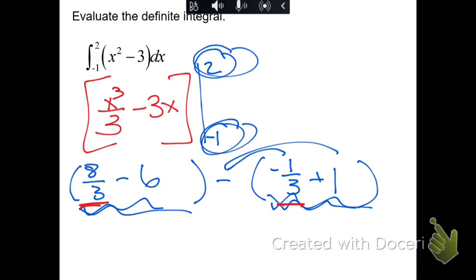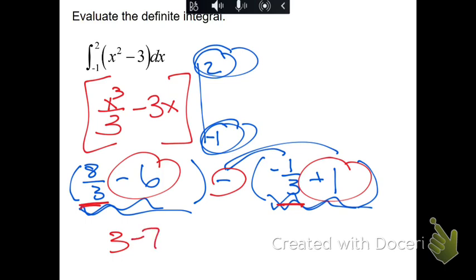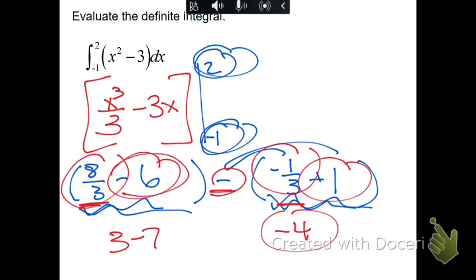So 8/3 plus 1/3 would be 9/3, or 3. Then the -6 minus 1 would be a -7, and I can do it a little bit more in my head that way. Okay, double check my math on that. I did the 8/3 plus 1/3, which is 9/3, and then I did the -6 minus 1, which is -7. Okay, so that's a definite integral.